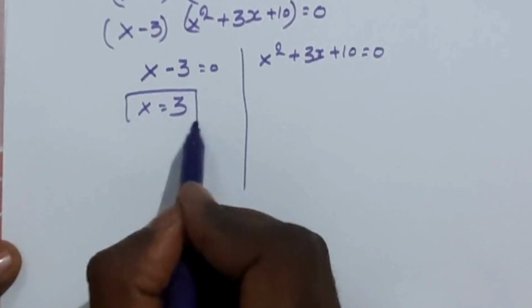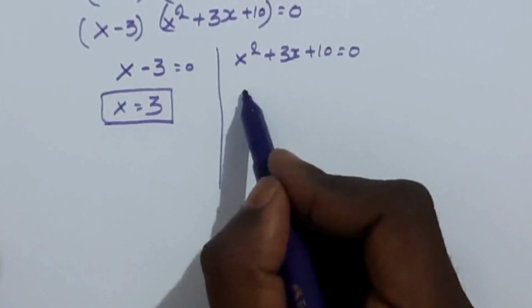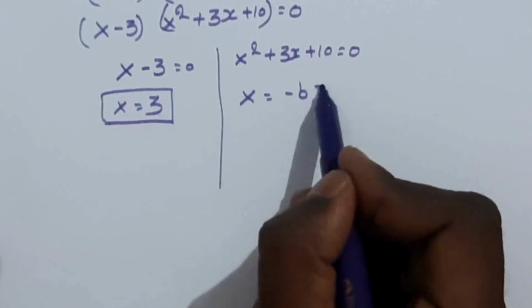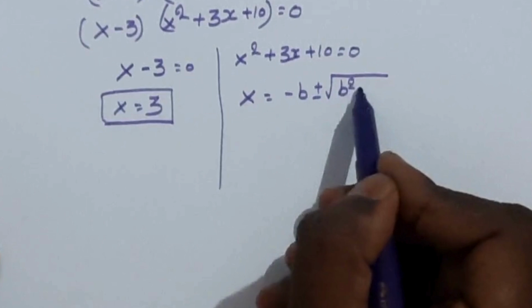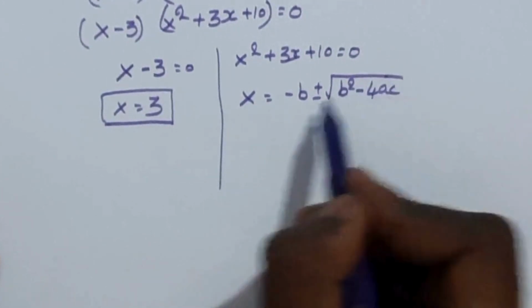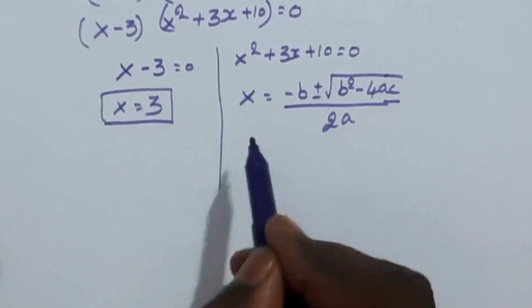This is the x1. Here we are going to apply the quadratic formula: x = (-b ± square root of b square - 4ac) / 2a.